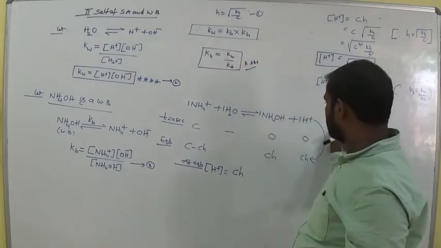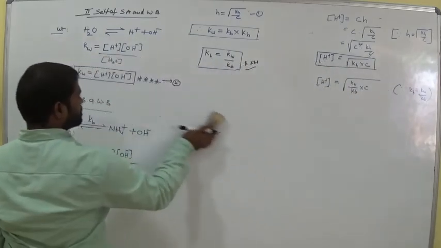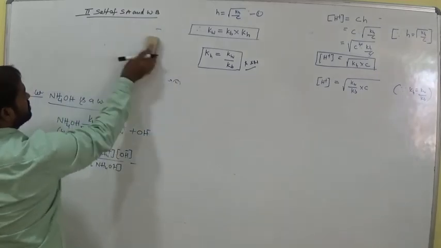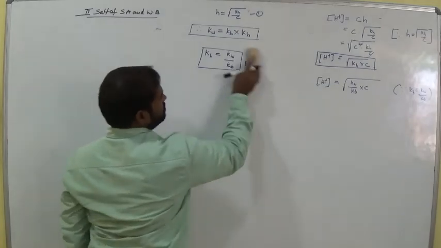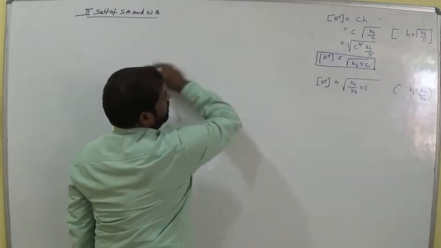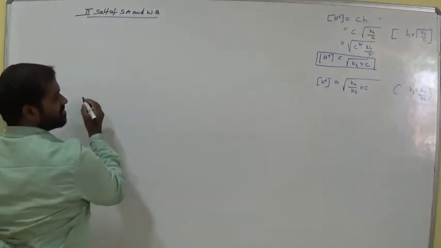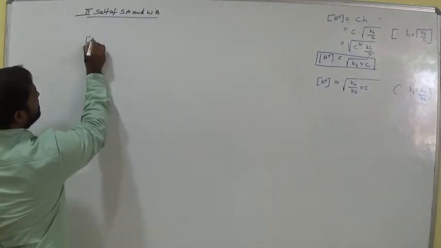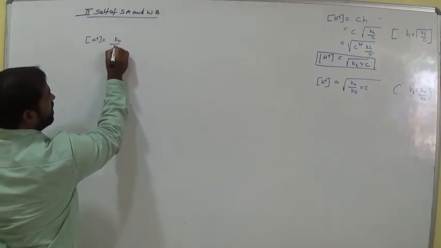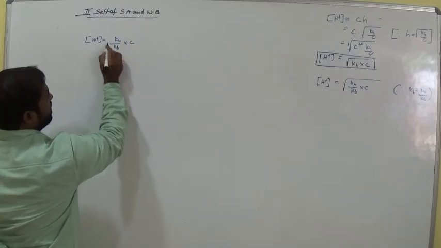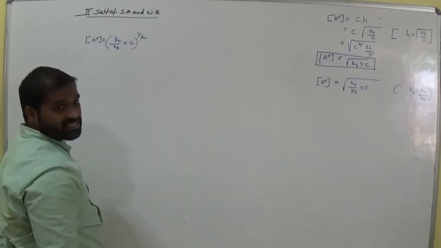Okay, clear? Therefore, H plus concentration equals KW by KB into C and whole power 1 by 2. Can I write like this? Square root of.